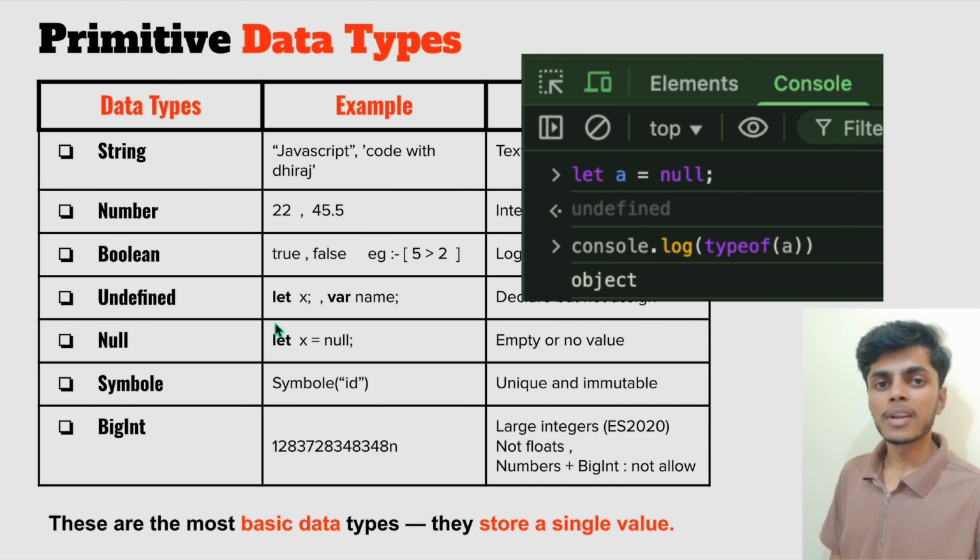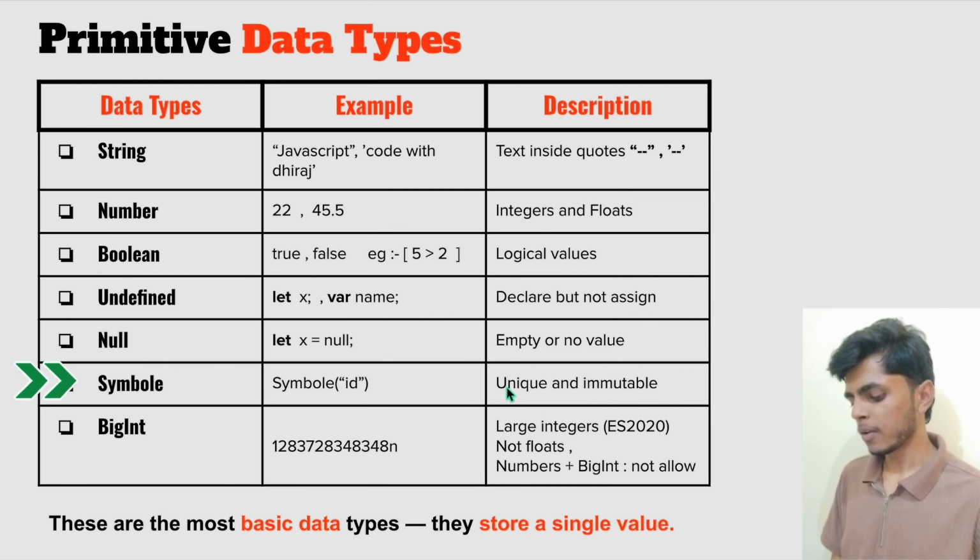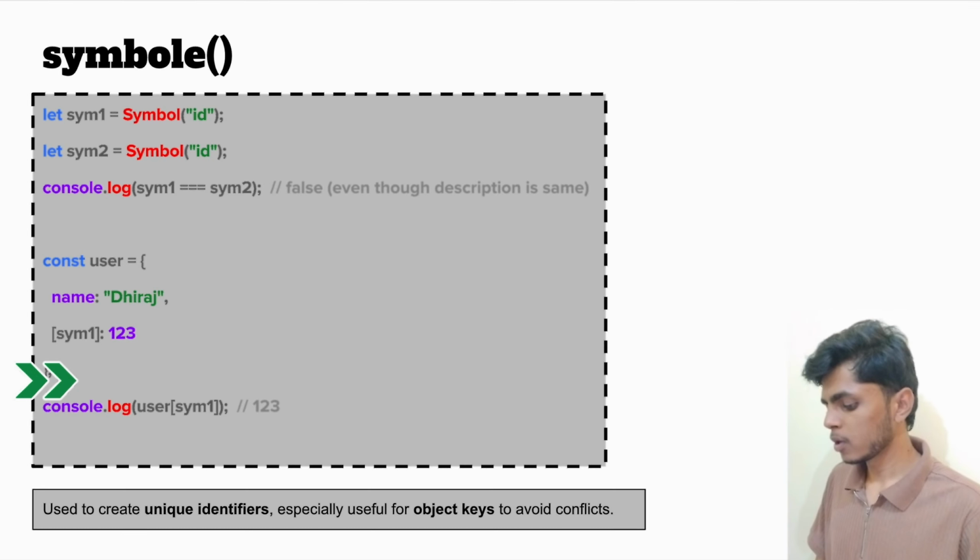Then our next data type is symbol. What is a symbol? Symbol is a unique and immutable data type in JavaScript. For better understanding, here is an example of a symbol. We declare two variables, sim1 and sim2, pass the same description id to both of them, and try to compare them with the triple equal to operator. What is the triple equal to operator?